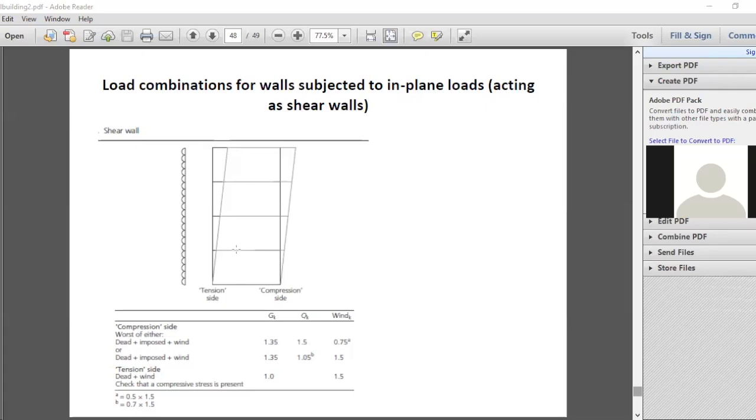So after the lunch break, we'll have one lecture on general aspects of tall building design. And after that, we start looking at the detailed aspects that we have to look into, starting with coupled shear walls. So with that, shall I stop here for lunch?